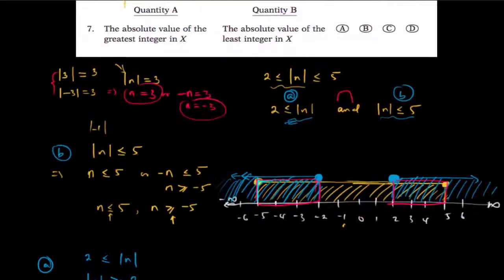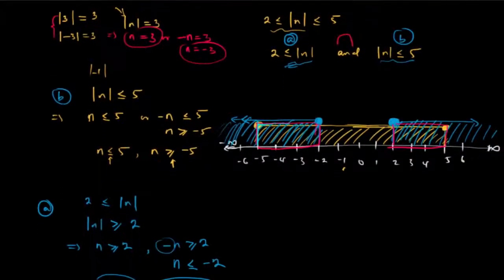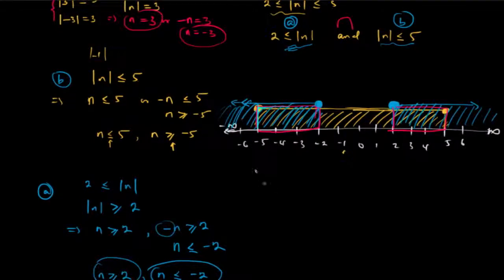So let's go back. It says x is the set of all integers that satisfies this inequality here. So x is the set of all integers that lie in this range, starting from -5 because it's inclusive.